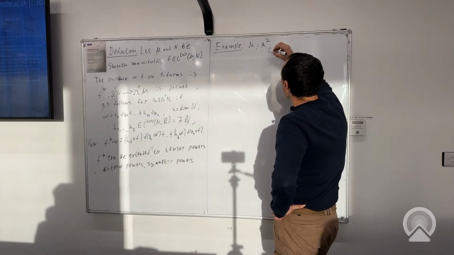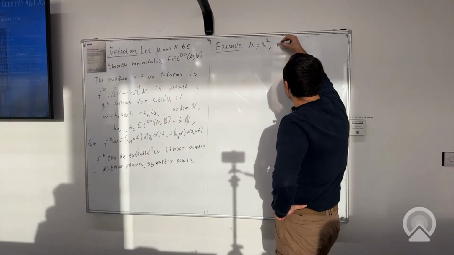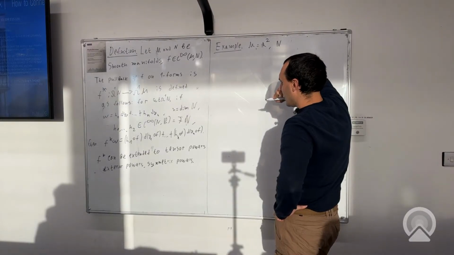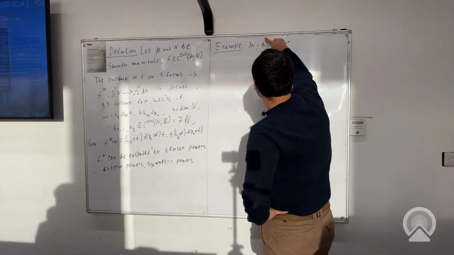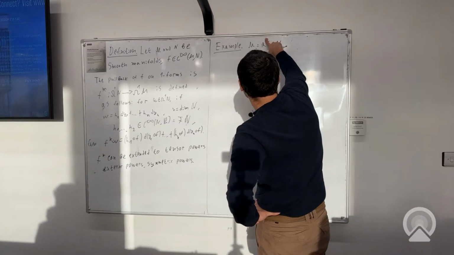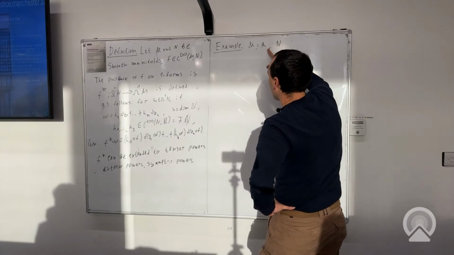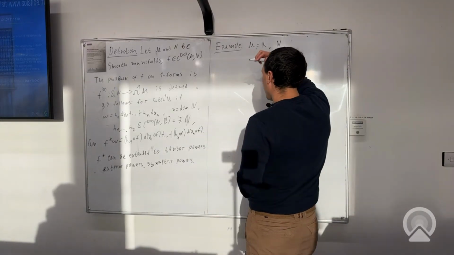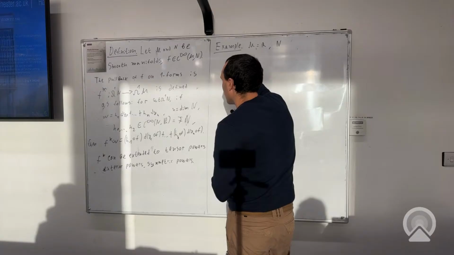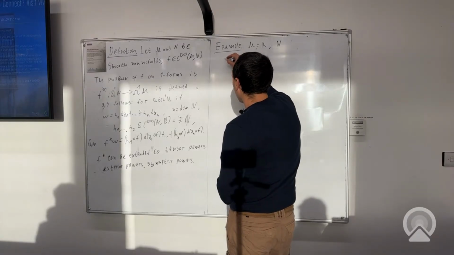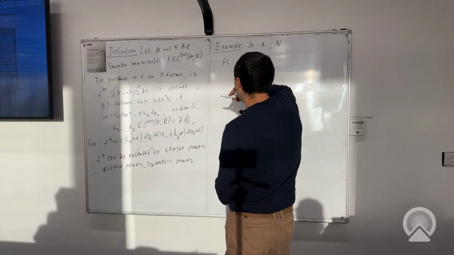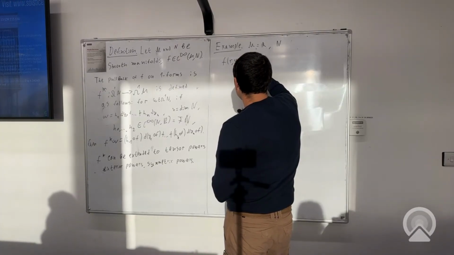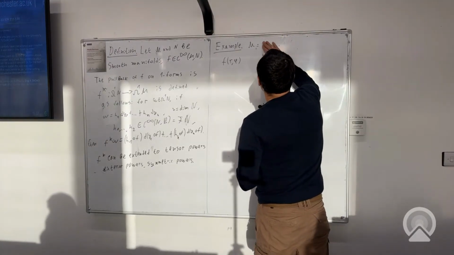So M is R squared and N is R squared; they're both R squared.